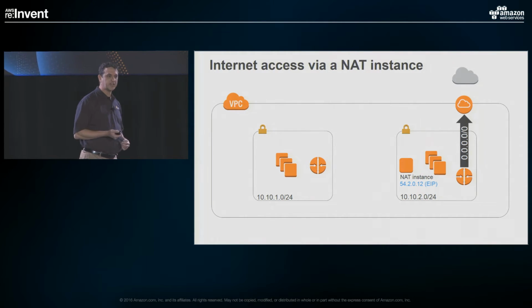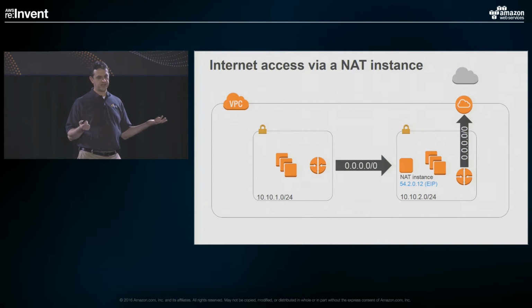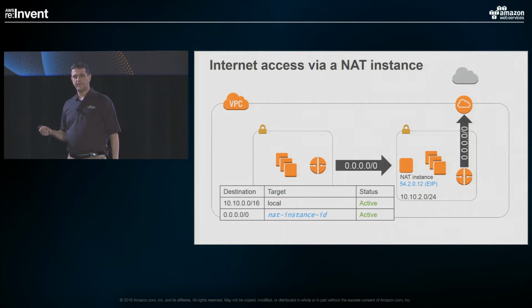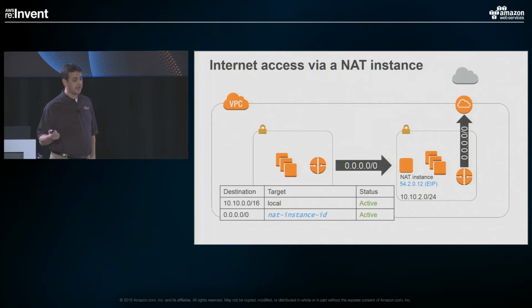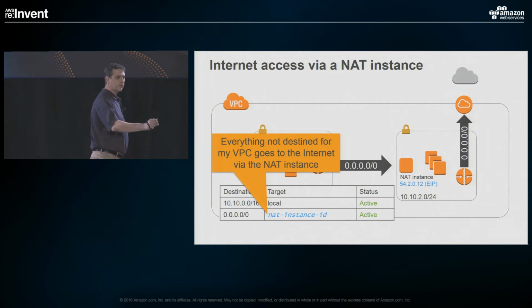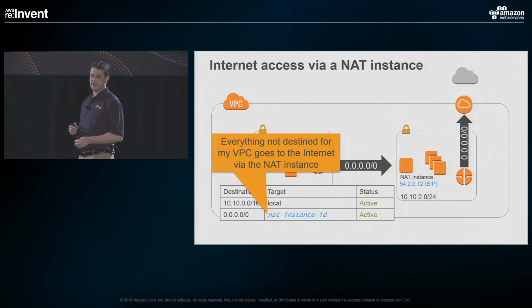And then you assign an elastic IP address to that instance, and then you, in effect, point the default route from your private subnets to the NAT instance ID, as I'm showing in this example. That is saying that anything that is not destined to my VPC will flow to that NAT instance running the NAT service to translate your traffic and connect you to the internet.